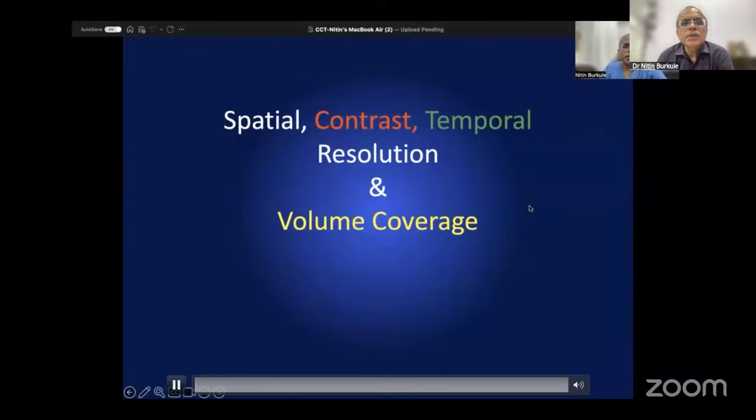Dear friends, let us discuss the spatial, contrast and temporal resolution in cardiac CT and volume coverage, and the different techniques for that.